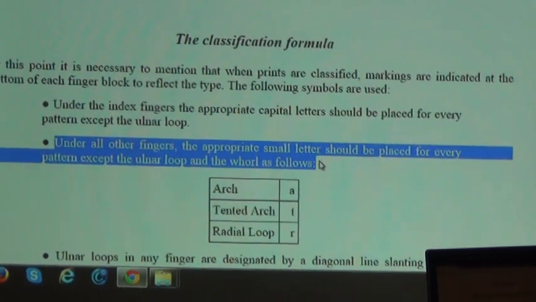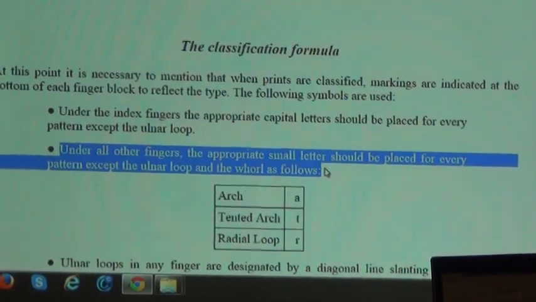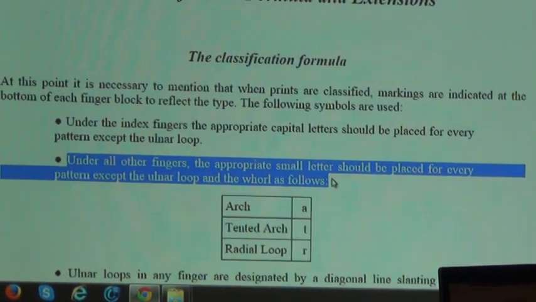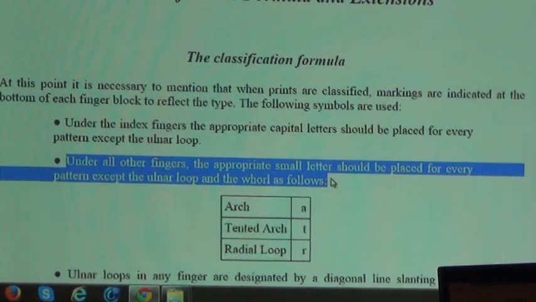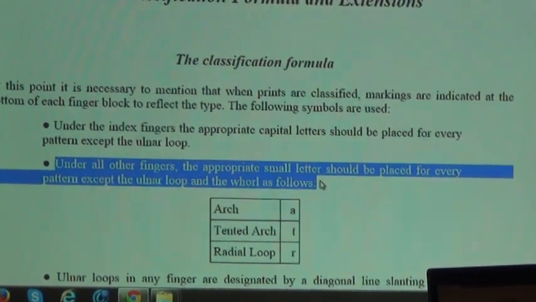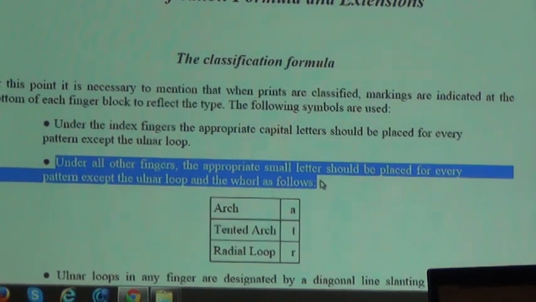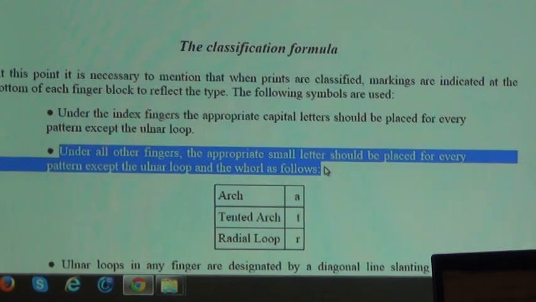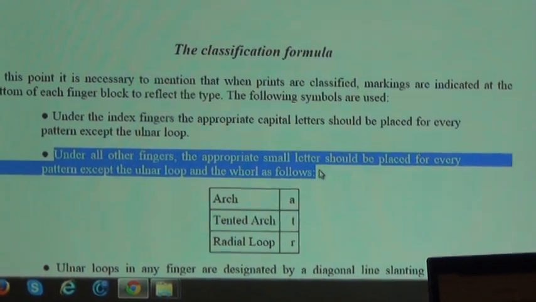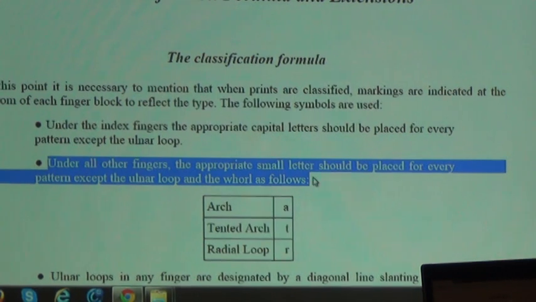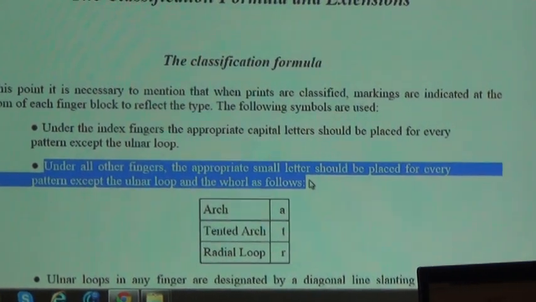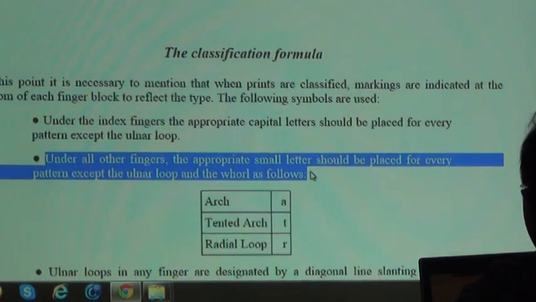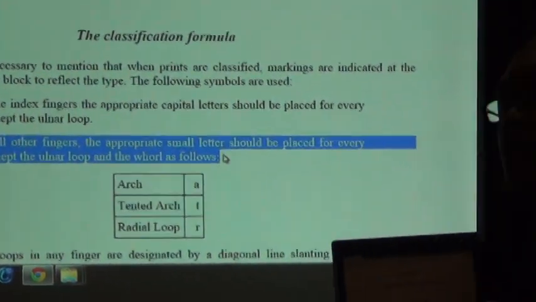The index finger is the exception, because it comes in when we get to the classification. We are just starting here. First is to reflect the type on each finger block. Okay? That is it. That is what I mean, sometimes there is a problem only in interpretation. Can I proceed? Yes, sir. Okay.